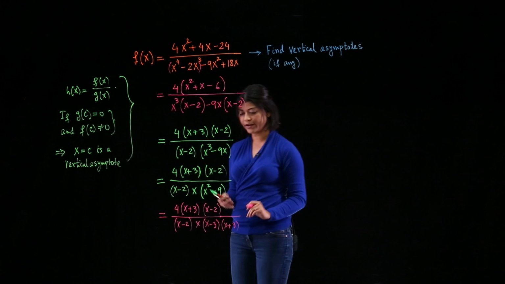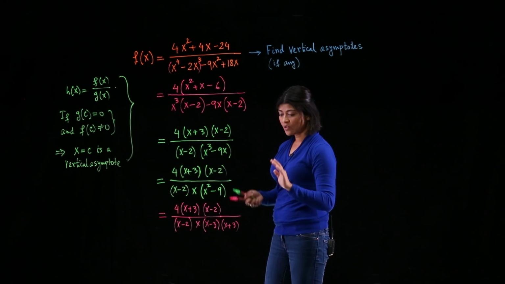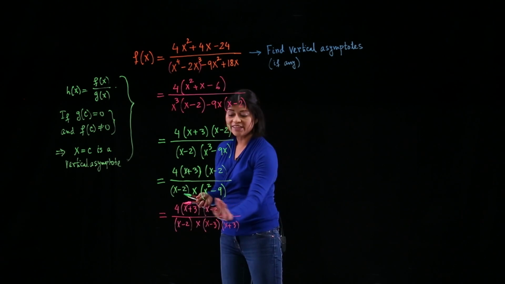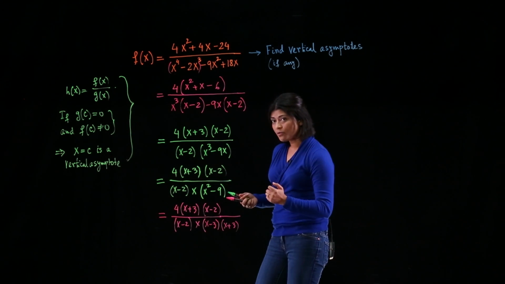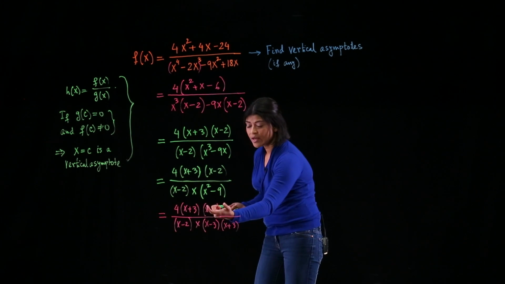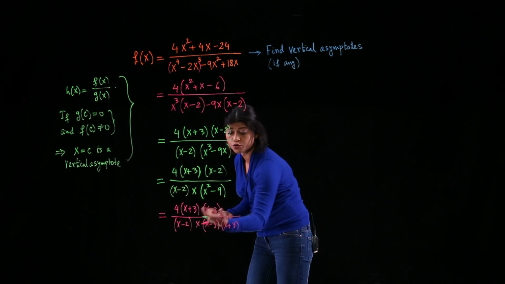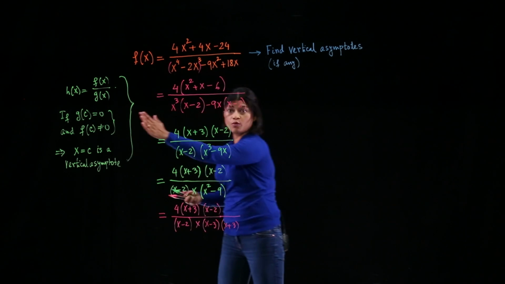Now we have everything factored. All right, remember what we need to find: all those values where the denominator is 0 but numerator is not 0. Now, if one of the factors appears in both numerator and denominator, like x minus 2, for example, it will not give us what we want, right?